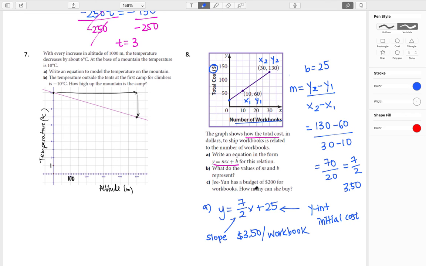So Ji-yoon has a budget of $200 for the workbooks, and they're asking how many can she buy. We are going to look for X, which is the number of workbooks, and we're given $200, the y value. So for letter C, let's plug 200 into y, and I'm going to move 25 to the other side, which is subtraction.